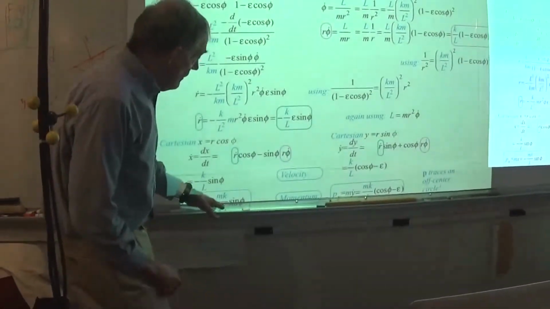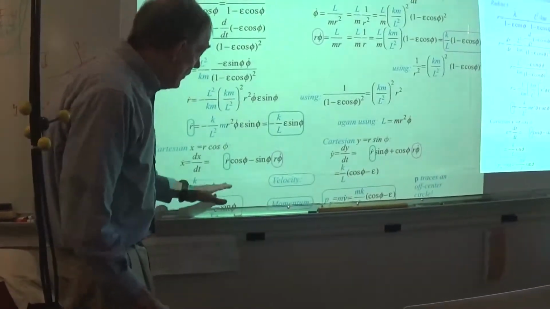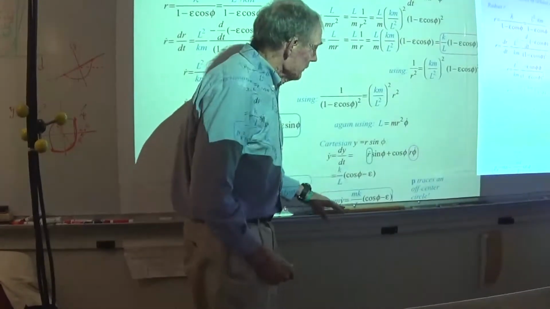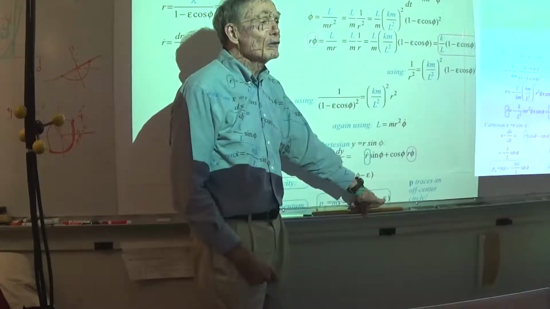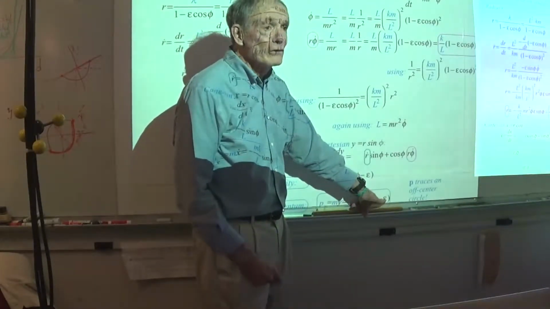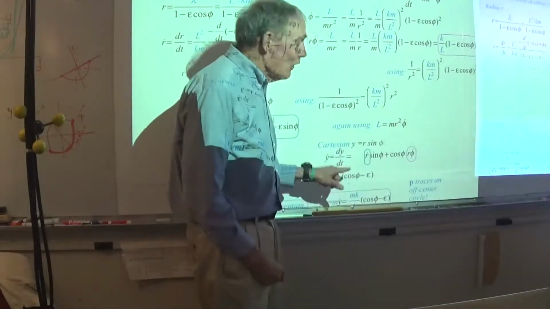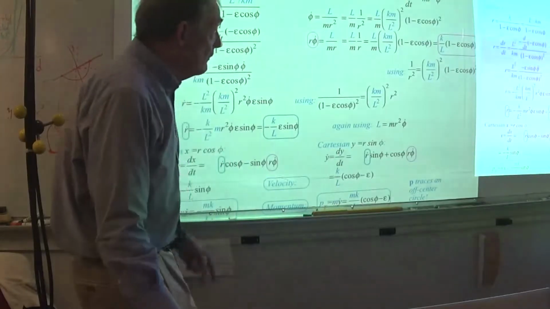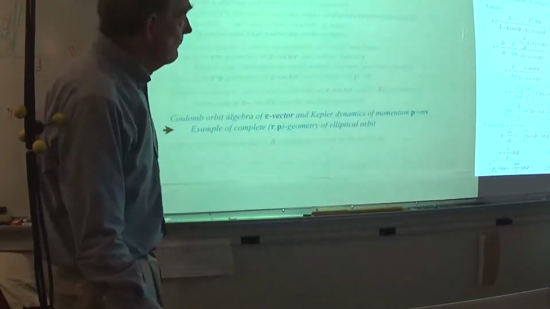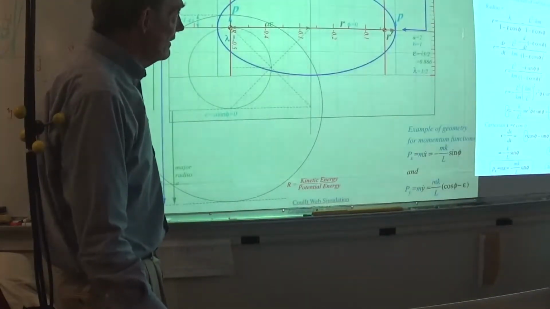There's the mk over L sine, there's the mk over L cosine, but an extra distance here, the eccentricity, whatever that is, and if it's not 0, it's got an off-center circle. Okay, so there's the algebra telling you that, but now let's just spend some time looking at that.